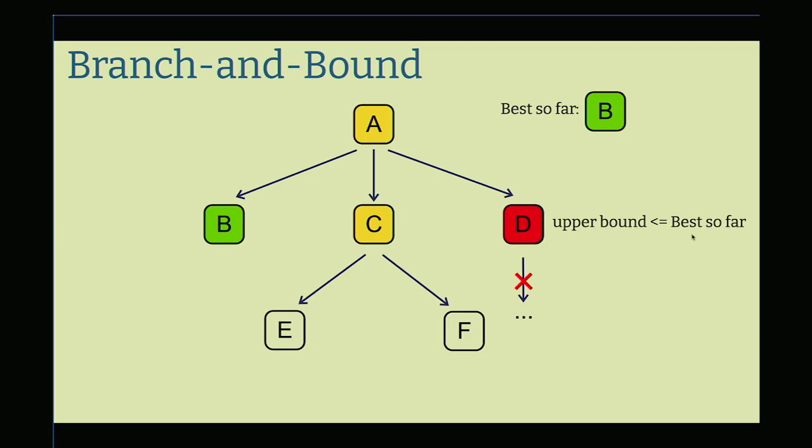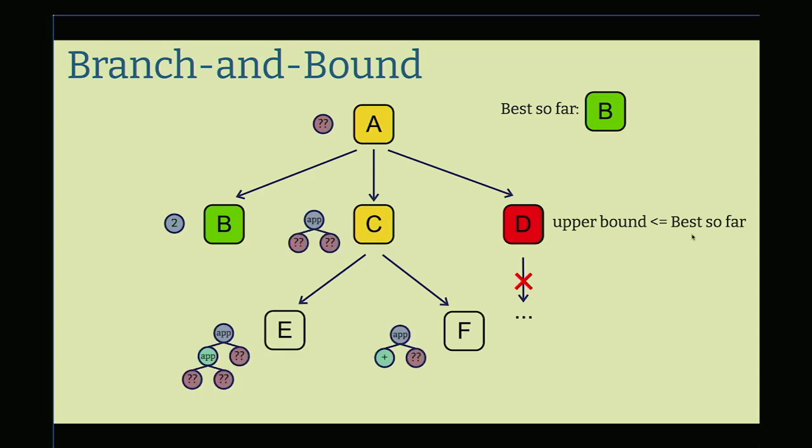So mapping this framework onto our problem, we start with just a single hole as our initial state, and completed states are any abstraction that doesn't contain any holes. Incomplete states are abstractions with holes. And if we run this for long enough, we're going to end up with a best so far that's equal to the optimal abstraction that we want.